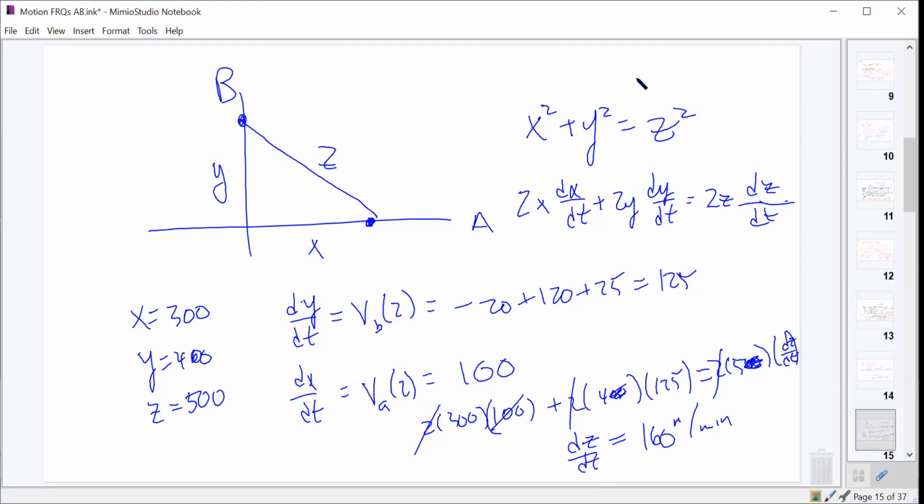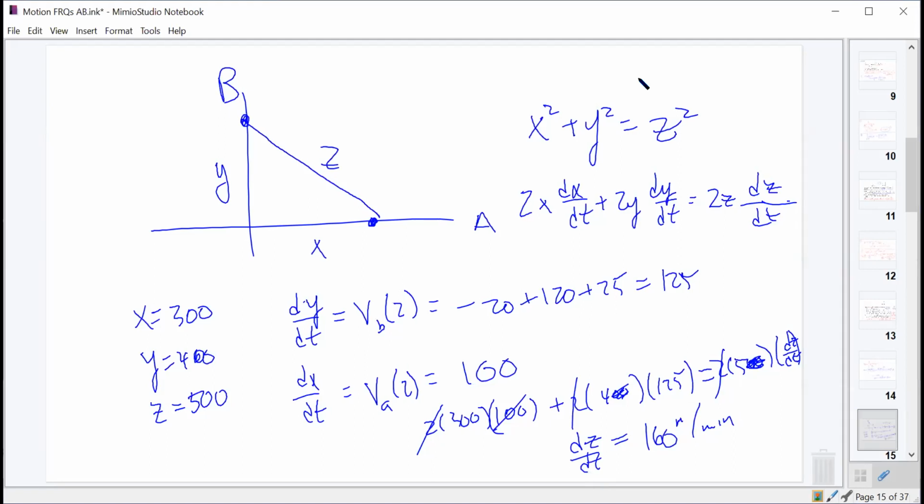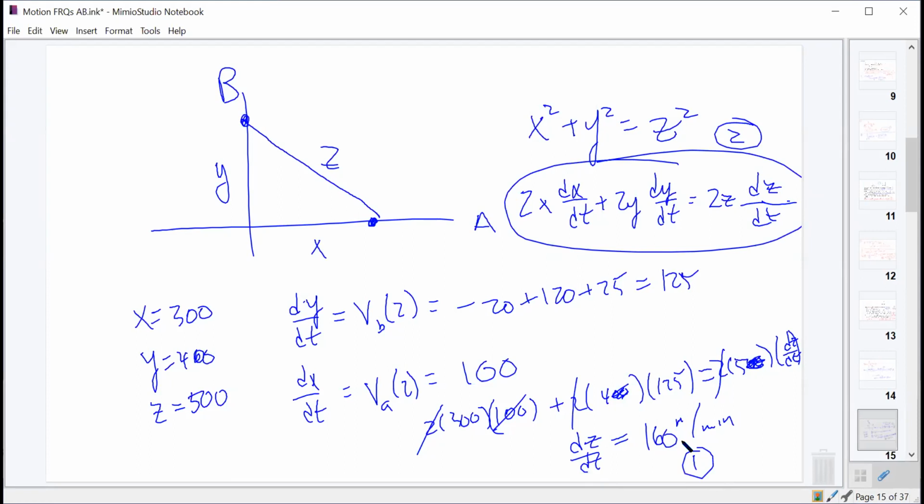Any questions there on that nice little related rate problem that got thrown in? 3 points. 2 for having this, and 1 for having your final answer.